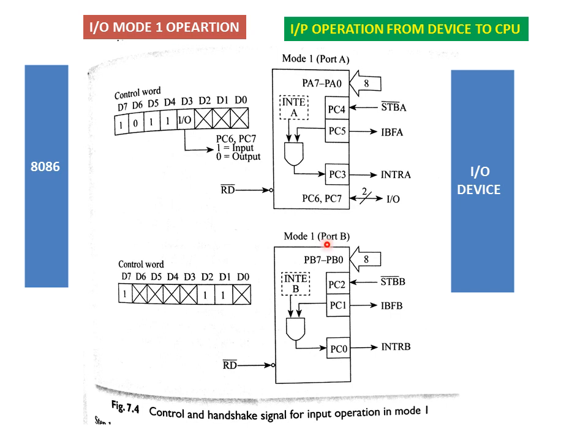The below one given is the same as port B. Now we will see first how port A is used to transmit data from the IO device to the 8086 processor.